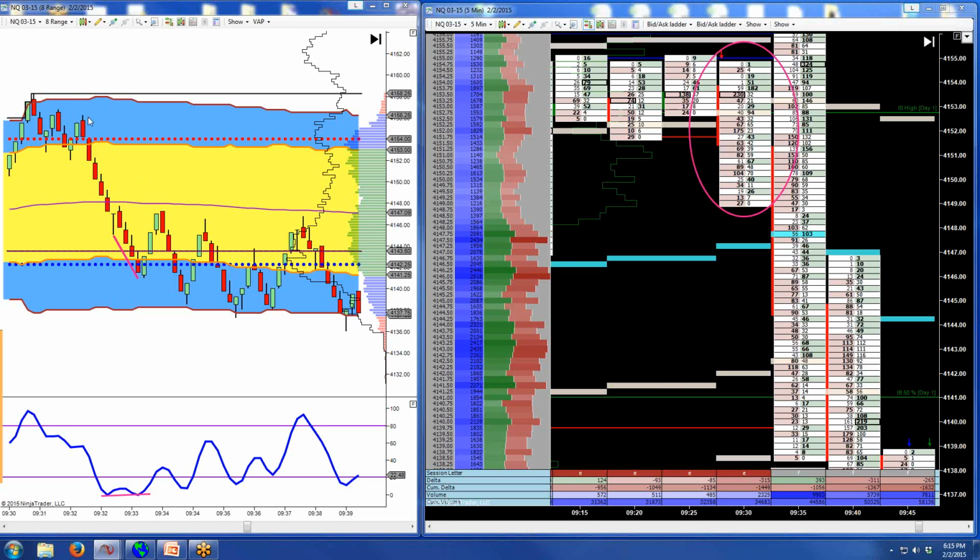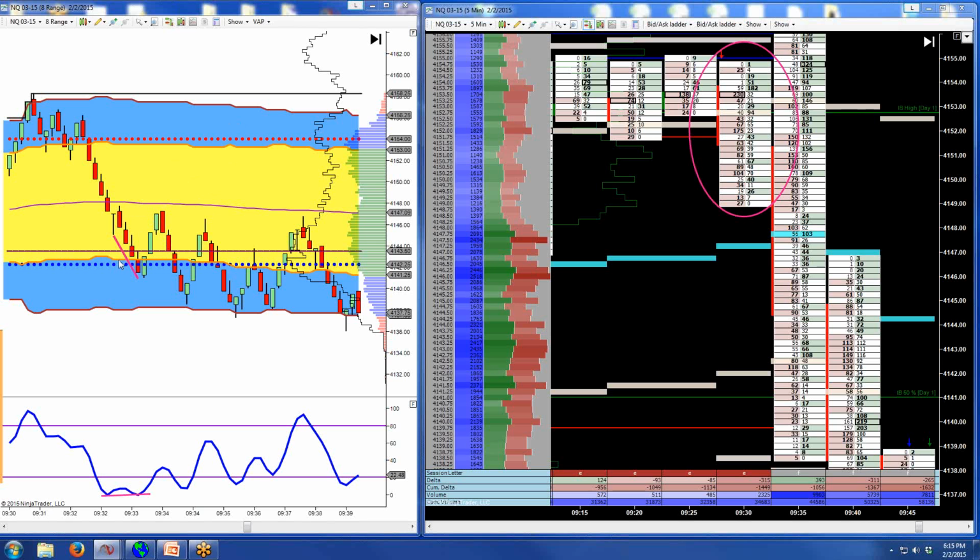So on the left, we've got the high value area right here where the blue starts. That's the first high value area. Up here is the second high value area. The yellow is the fair value area. That's where 70% of trading has occurred, and this gets wider as the day progresses.